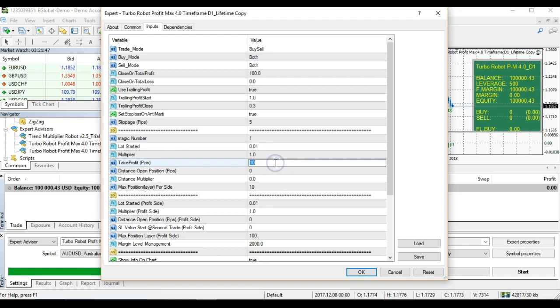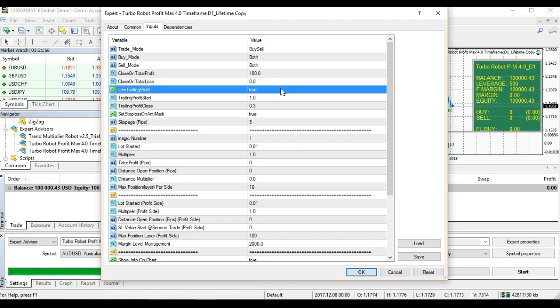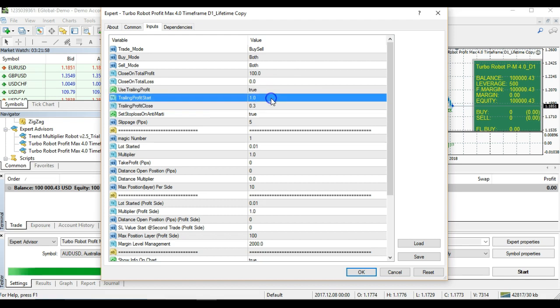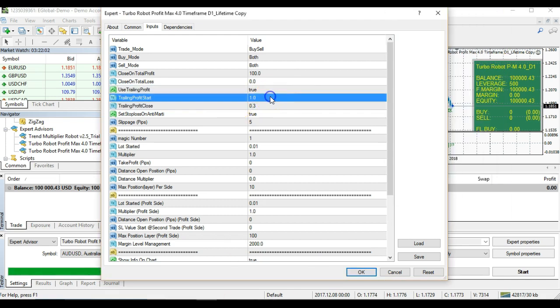If I remove this, I'm going to use the trailing profit. I know you already know how to use this profit trailing, or you understand the concept. If you have $1 over here, meaning 10 pips, the EA or the robot will capture that particular profit and lock it.